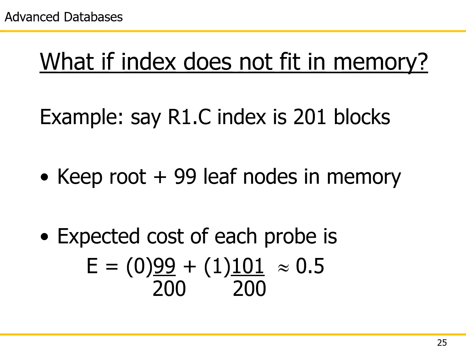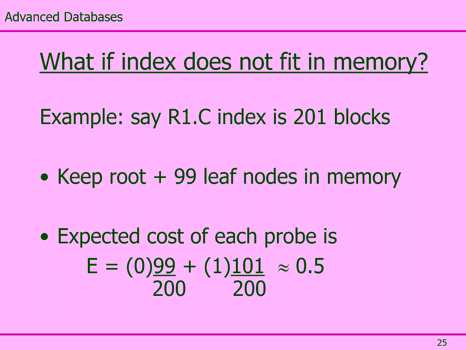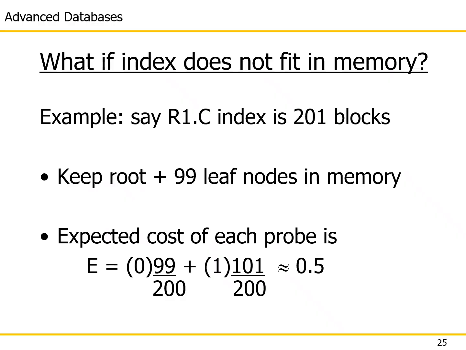Now, if you're going for one of the others that are not in memory, the 101 that are not in memory, what's the chance of actually hitting one of them? It's 101 divided by 200, because you will always keep the root in memory. So as I say, we have 201 nodes in this B plus tree. The root is always in memory. So now we're talking about the rest. The rest is 200.